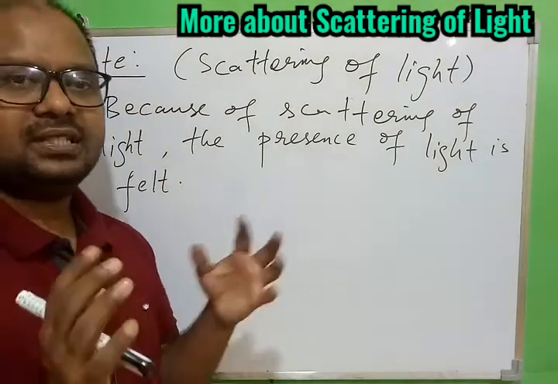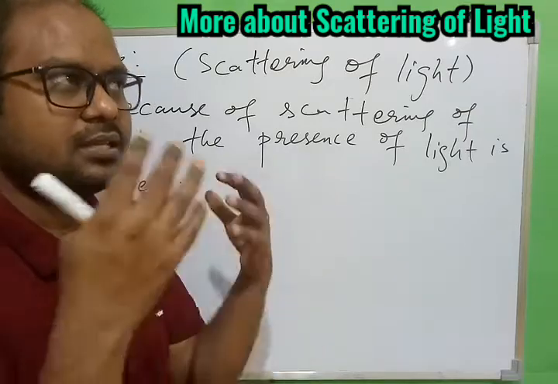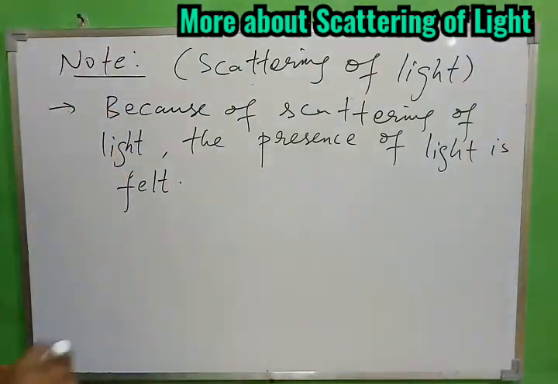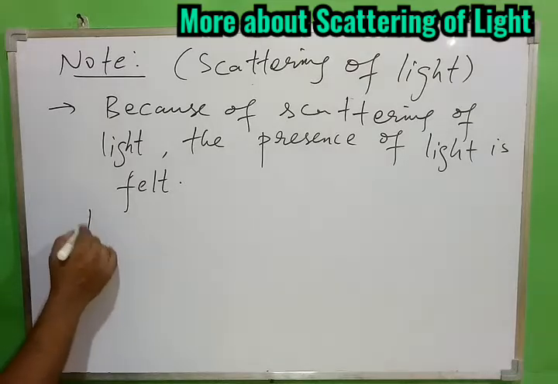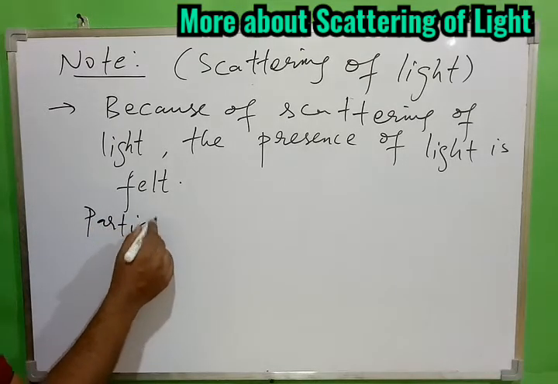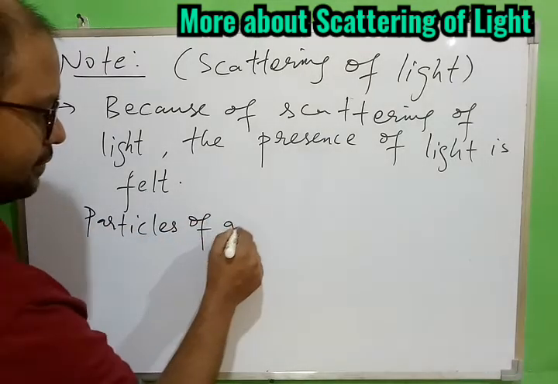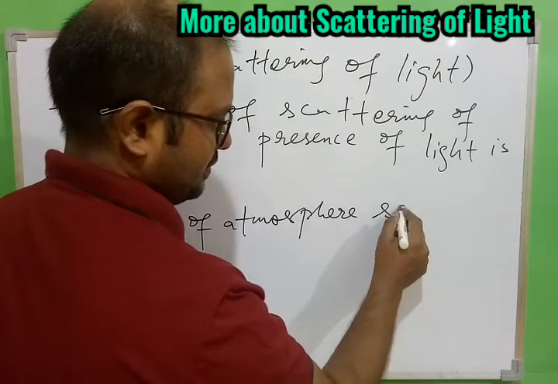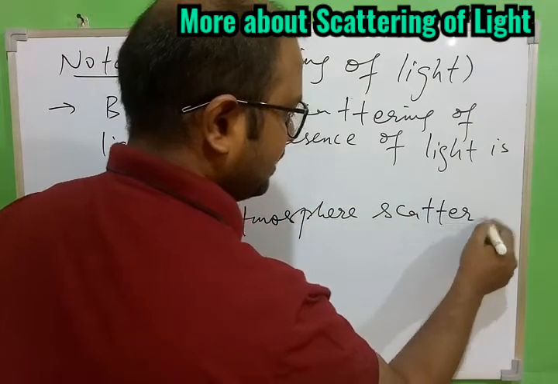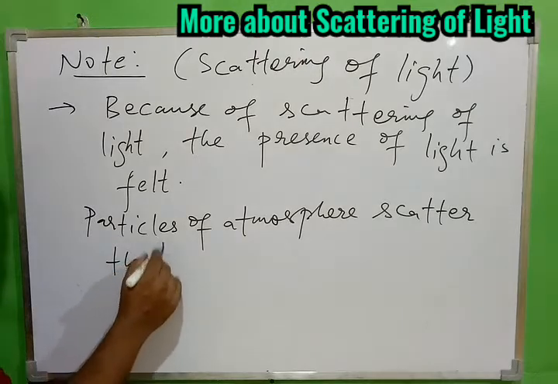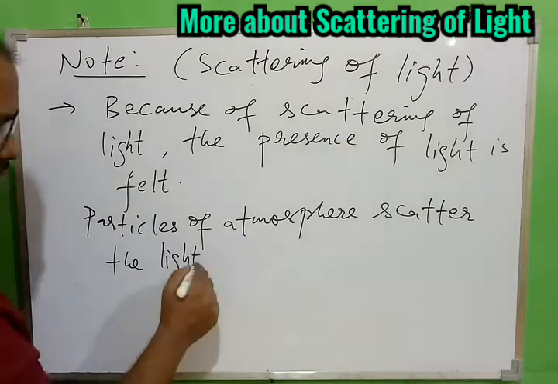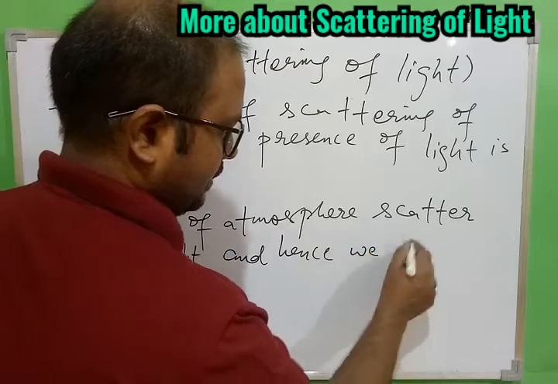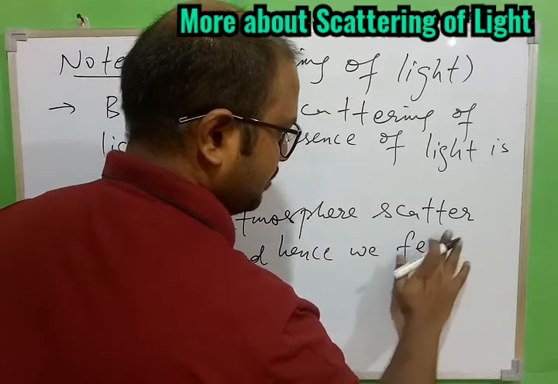If we say there is a light in this room, it is just because of scattering that it is possible, otherwise it's not possible. So we can say the particles of atmosphere scatter the light, and hence we feel the presence of light.